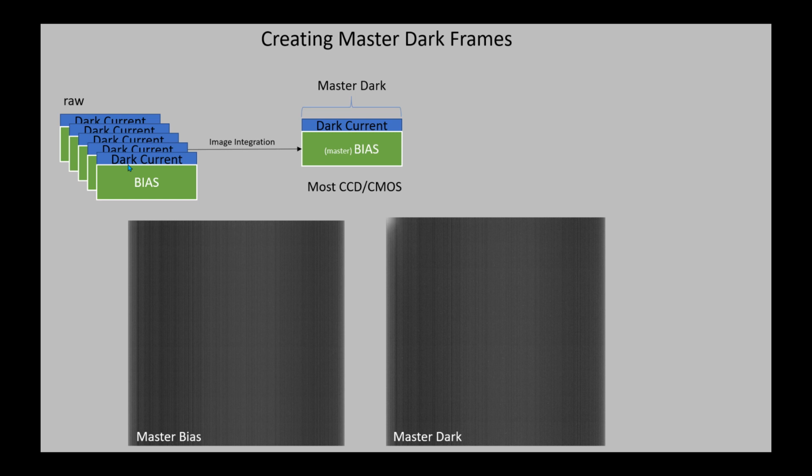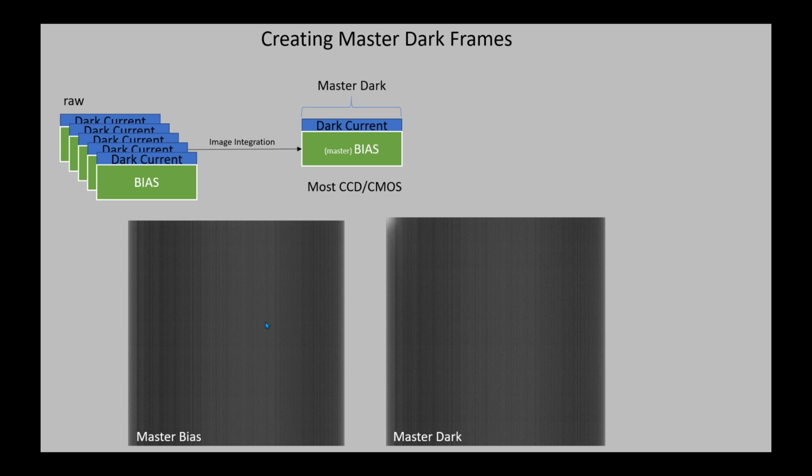On the fly, WBPP will create a master dark for each of those groups of darks. So it's doing this for us. And over here, I'm just communicating that when you do that combining, it's almost like you've made a master bias with this additional, what I label here the dark current, these additional electrons.